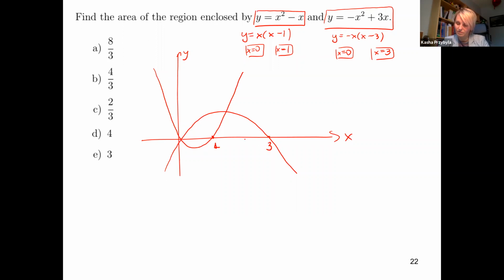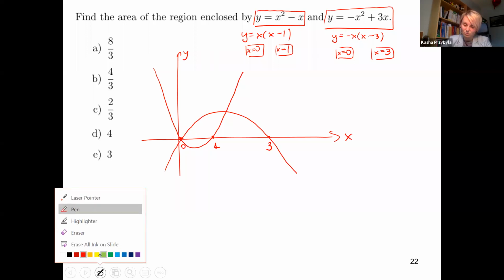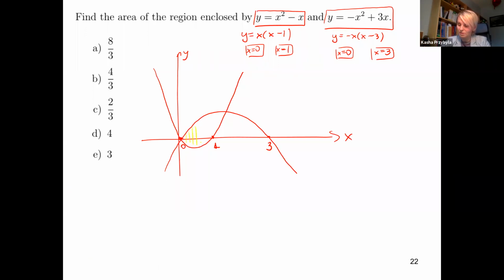Okay, now we nicely see the region which is bounded by two parabolas. We can see which one is the top and which one is the bottom, because we just have to subtract the top curve minus the bottom one. But we will need that point. This is the point of intersection.